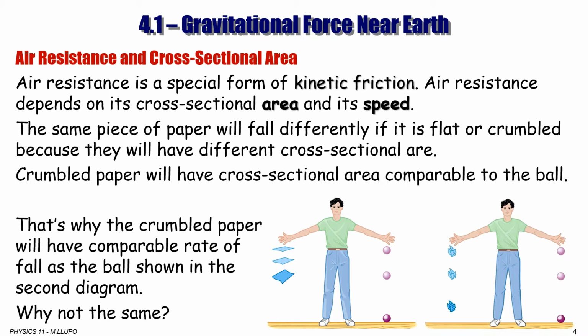Now, why don't they fall the same, the crumbled paper and that ball? There's another reason. First of all, there's no exactly the same cross-sectional area for both. It looks like crumbled paper has a little bigger cross-sectional area. And the second one that is very, very important is the shape. It's an aerodynamic shape. So ball is smooth.